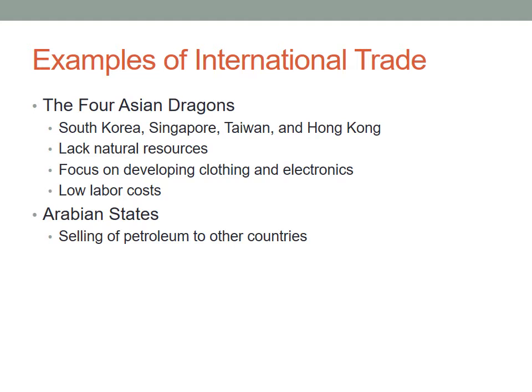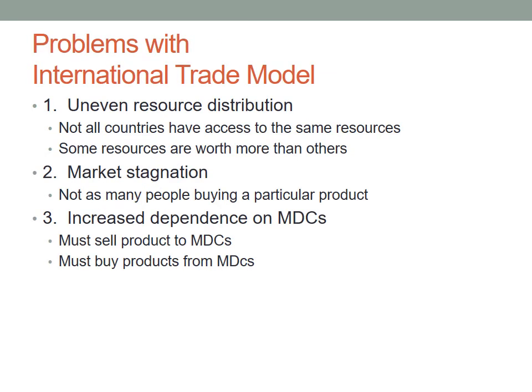And because they had a lot of people who were willing to work cheap, they were able to capitalize on that and grow their economies in textiles and technology. The Arabian states also grew their economy through international trade because they have a ton of oil that they sell to other countries. There are problems with the international trade model.